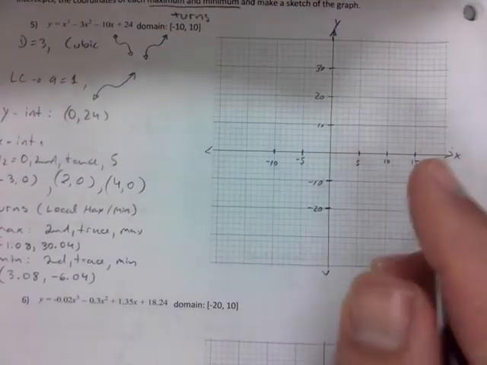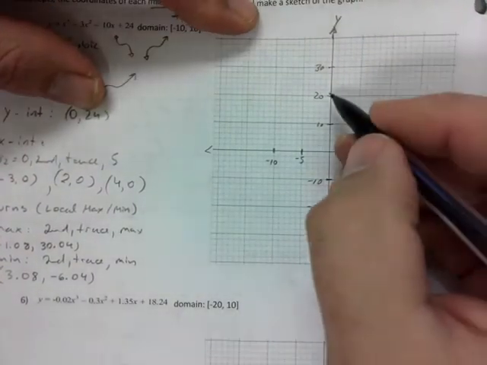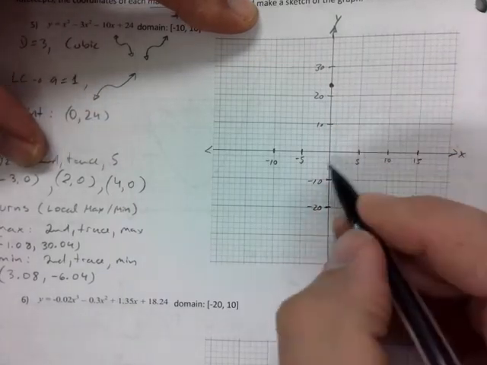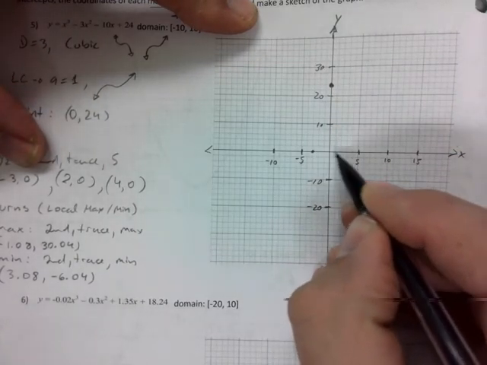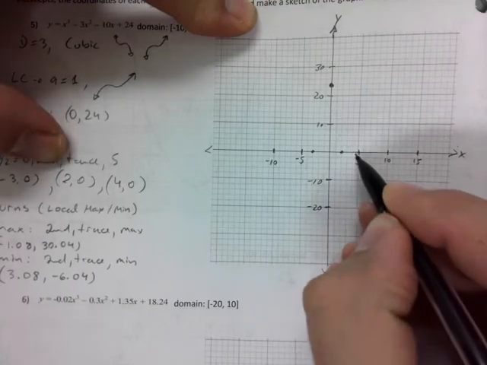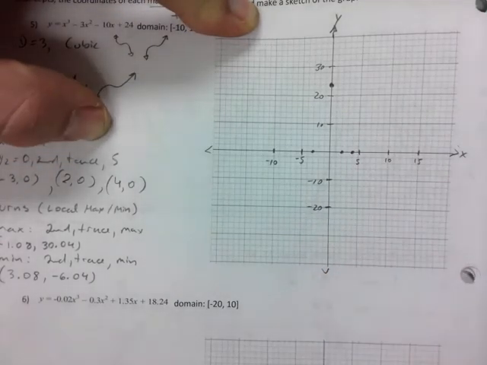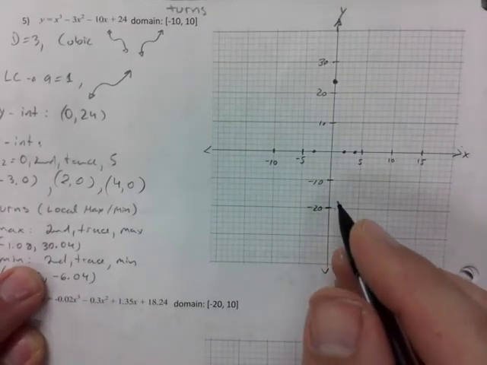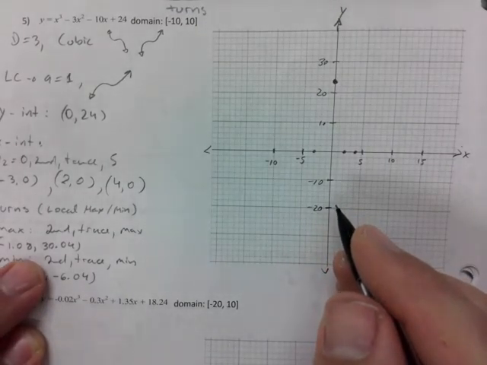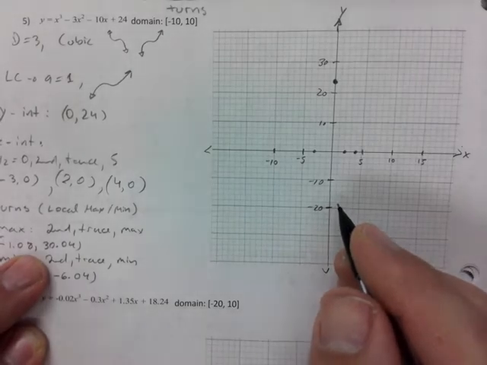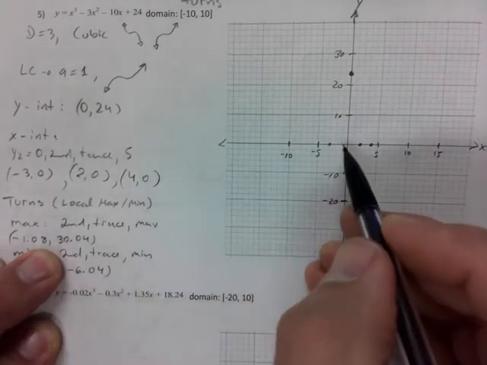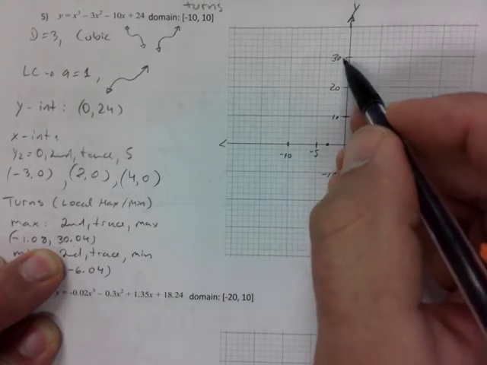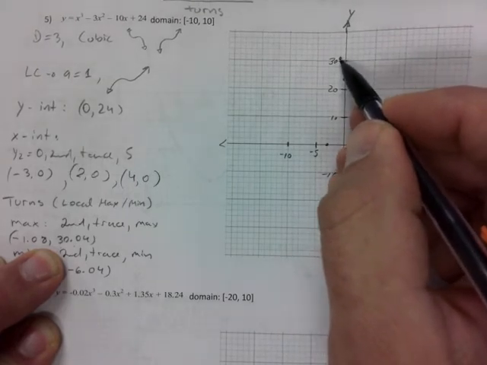And let's plot it. So how about the y-intercept, this would be 25, so 24 is just right there. Then you have negative 3, 0, then you have 2, 0, and 4, 0. Right, those are my x-intercepts. And then the local max here is negative 1, 30, right? So that's just past 30, right about there.